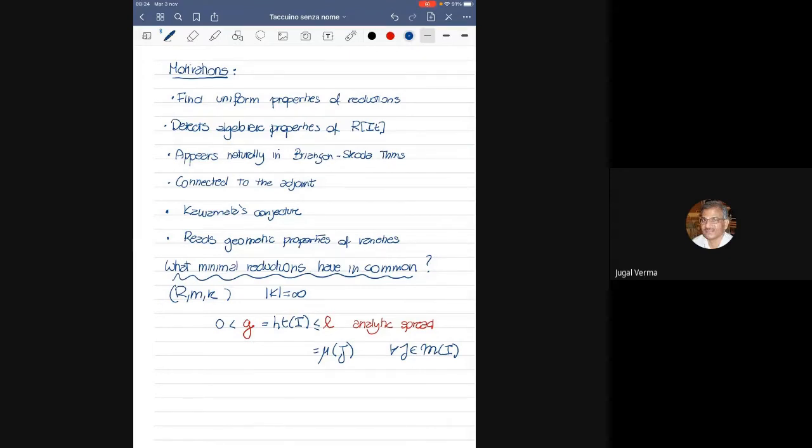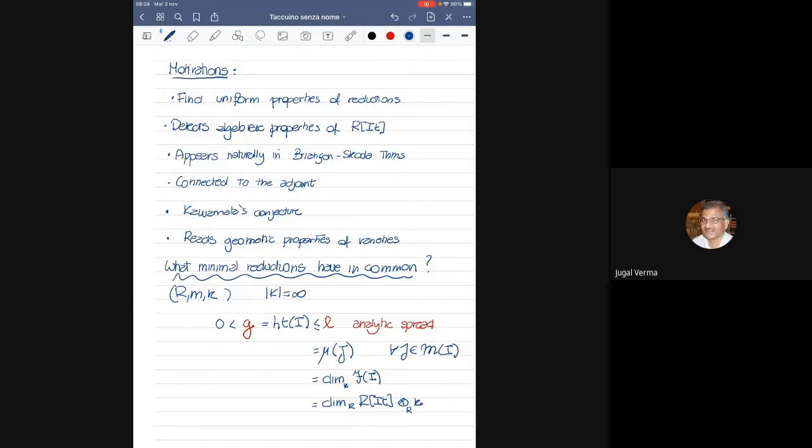And now it can also be characterized, and that shows why it is independent of the minimal reduction, as the dimension of the special fiber ring of I. And what is the special fiber ring? The special fiber ring is nothing else but the Rees ring of I, let me write it as I wrote it throughout the talk, R[It], tensored with the residue field.